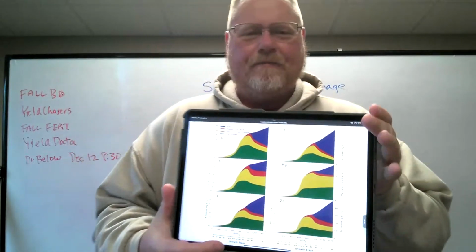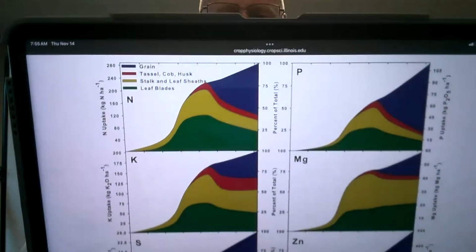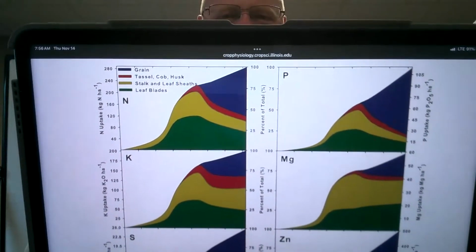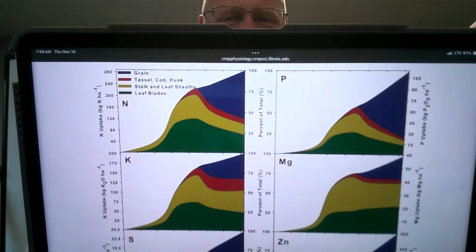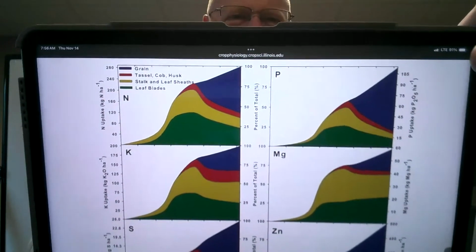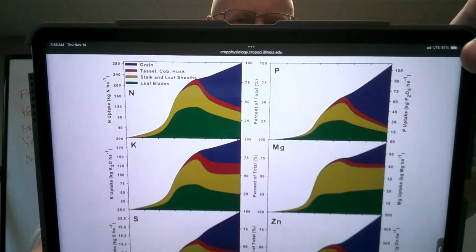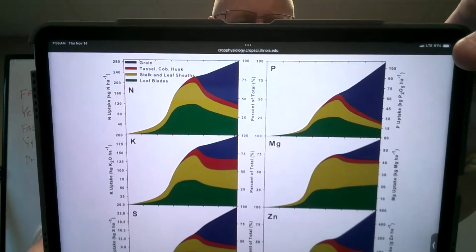I was just going to add to it that there's other nutrients influence at that same period of time as well. So this is some of the work that Dr. Belo has done. Others have done this work as well, and there's nutrient uptake curves for every major nutrient, and it shows when that plant is using that nutrient through its life cycle. So they're just kind of interesting to look at.